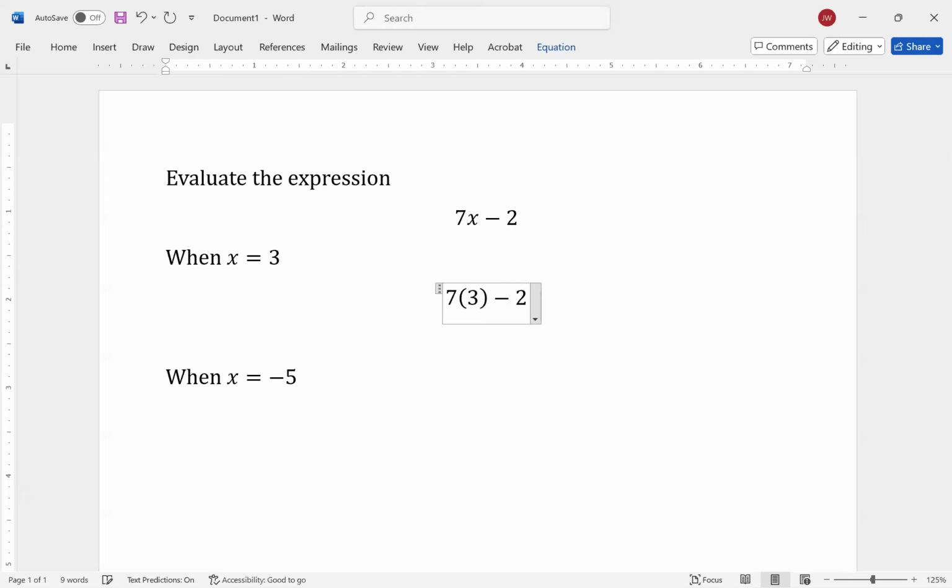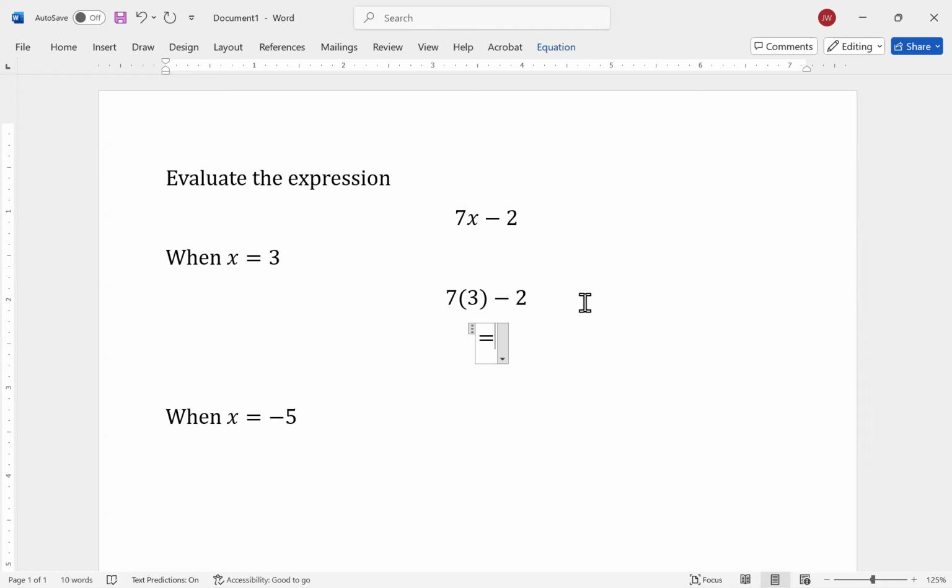That's the standard because I don't want to think that this is 73. 7 next to an x means 7 times x. If I just put 7 and then a 3, it looked like 73. So when we plug in numbers, we put them oftentimes into parentheses.